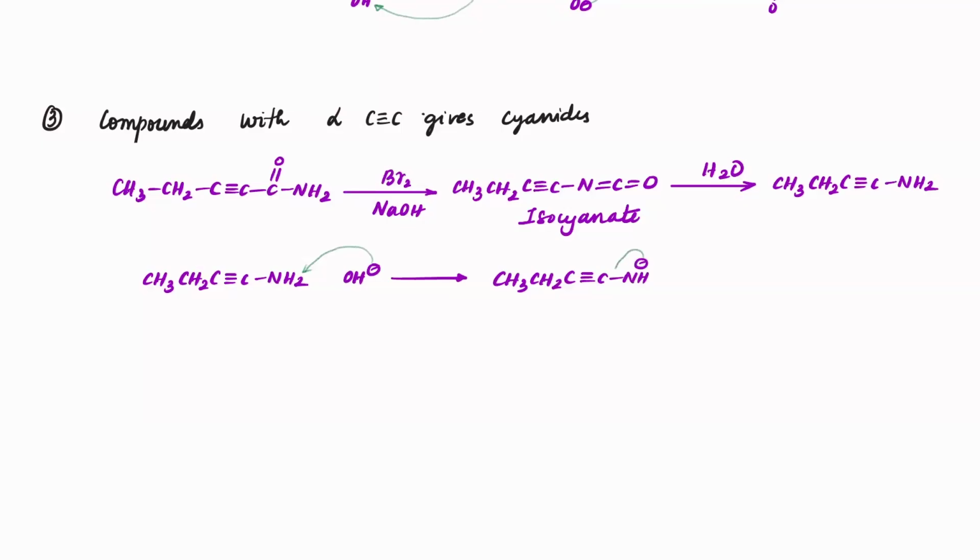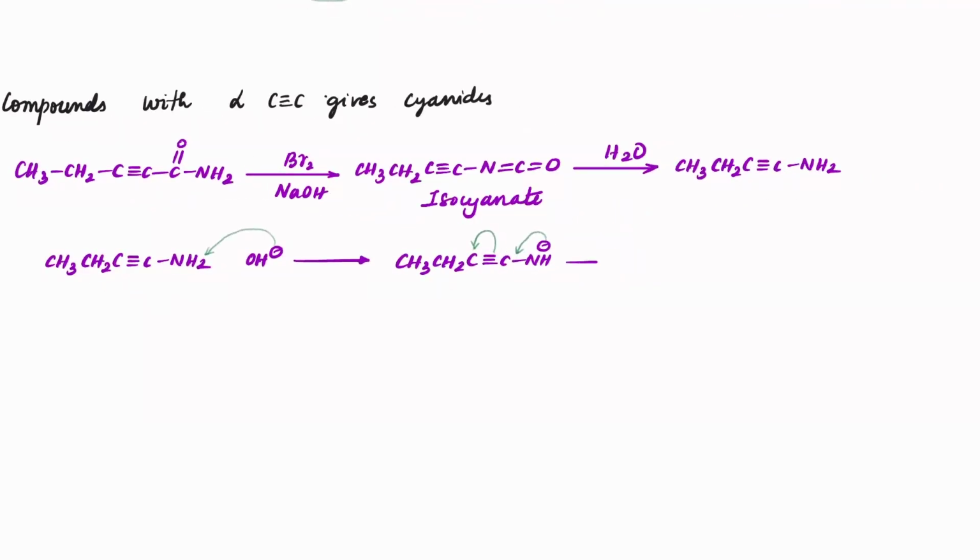That minus will keep on pushing electrons till that C minus from H2O will take up H to give CH3 CH2 CH double bond C double bond NH, and do it two more times.